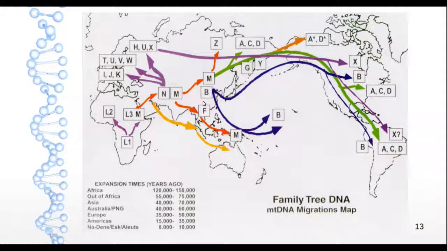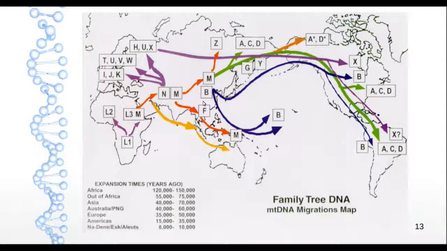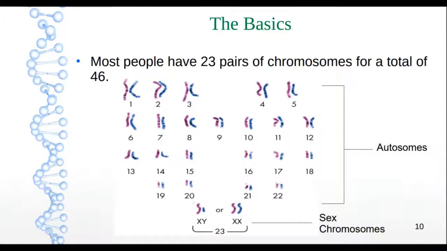Now, the thing about mitochondrial DNA, it is not among the autosomes or the sex chromosomes that we talked about earlier. A lot of people think mitochondrial DNA is testing the X chromosome, but it's not.